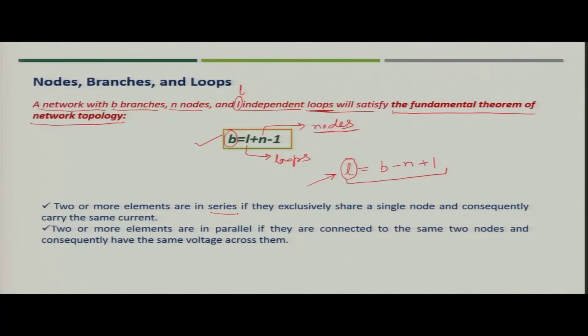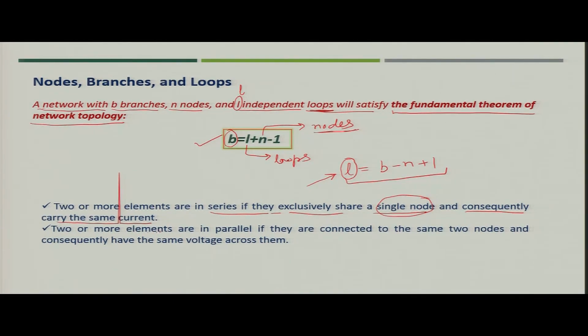Now, if two or more elements are in series, they exclusively share a single node, and those will carry the same current. We have already seen in the series and parallel circuit analysis that if the elements are connected in series, they share a single node and carry the same amount of current.